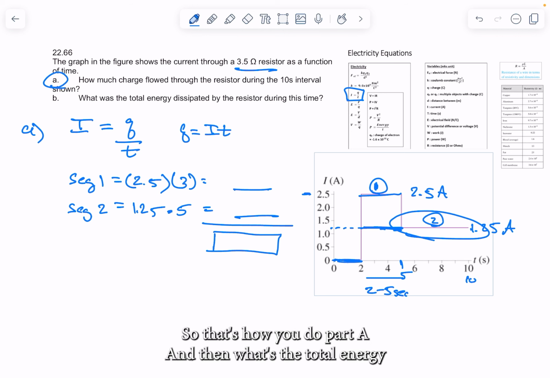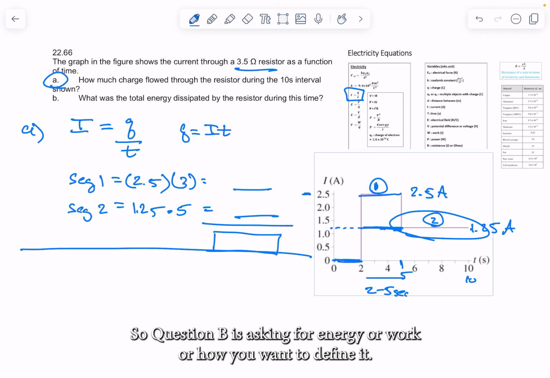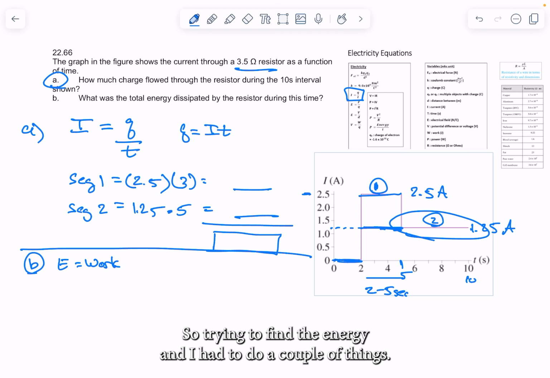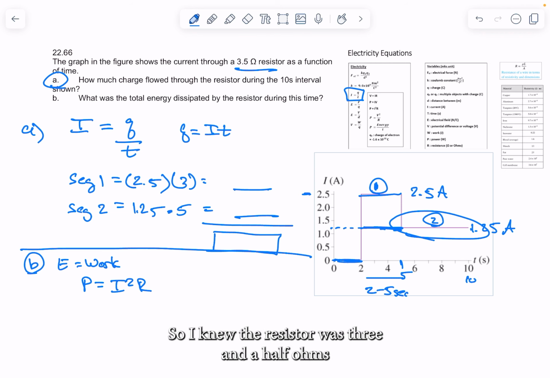And then what's the total energy dissipated by the resistor during this time? So question B is asking for energy or work or however you want to define it. I'm trying to find the energy, and I had to do a couple of things. The first thing I did is I said P equals I squared R, because I knew the resistor was 3.5 ohms.